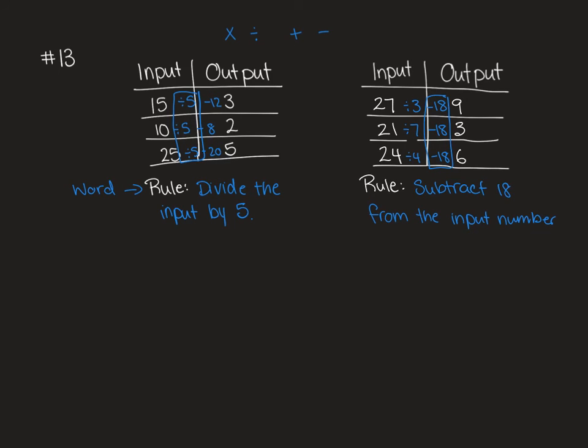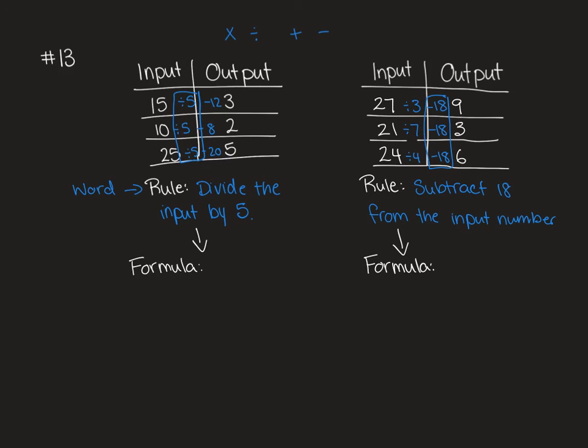The second set of questions will give you an input-output chart, just like we've got here, but instead of asking you to write a rule, they'll get you to write a formula. So we're just going to practice changing these rules into formulas so that you're used to what the difference is, and then you should be good to go for your lesson.